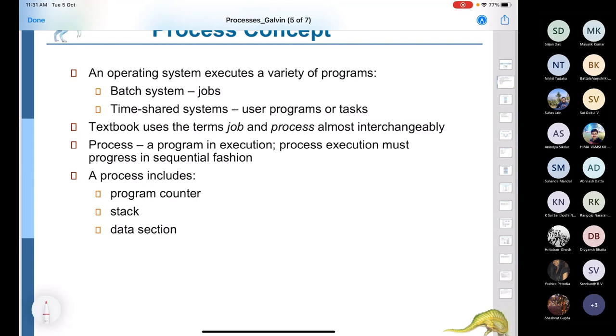Now, an operating system is a software that resides on your computer and it manages the entire execution of the computer. A program in execution is called a process. Okay, so a process is a program in execution. Process execution usually progresses in a sequential fashion.